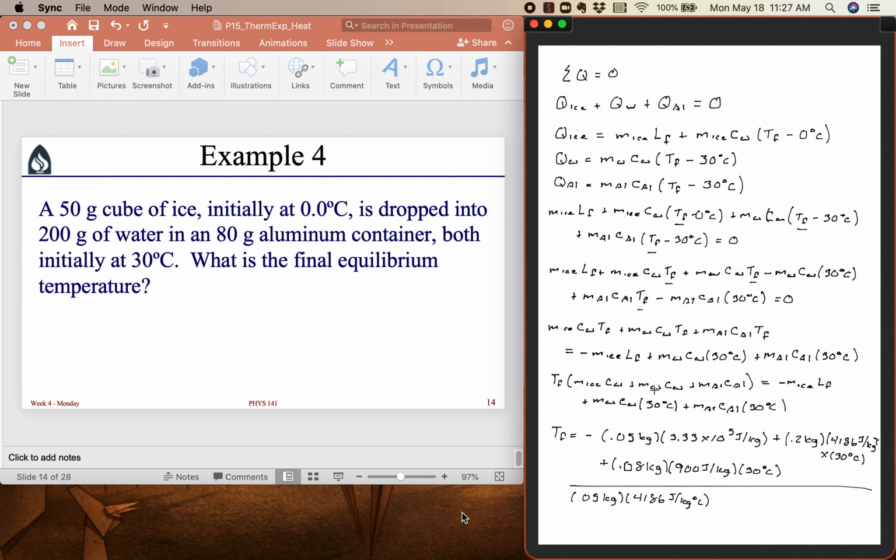And then I add to that the mass of the aluminum, which was 0.08 kilograms, and then the specific heat of the aluminum is 900 joules per kilogram degrees Celsius. And then I also add the mass of the water times C W. So the mass of the water is 0.2 kilograms, and specific heat of the water is 4,186 joules per kilogram degrees Celsius.